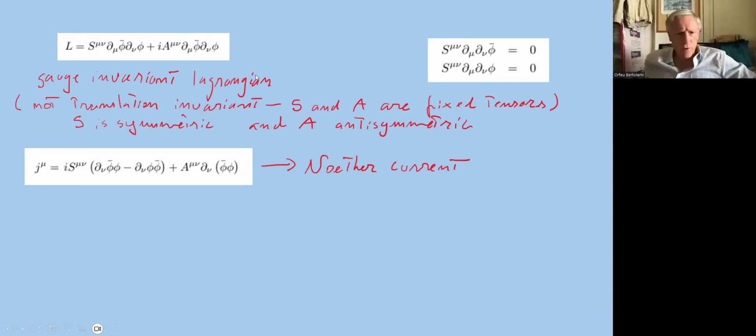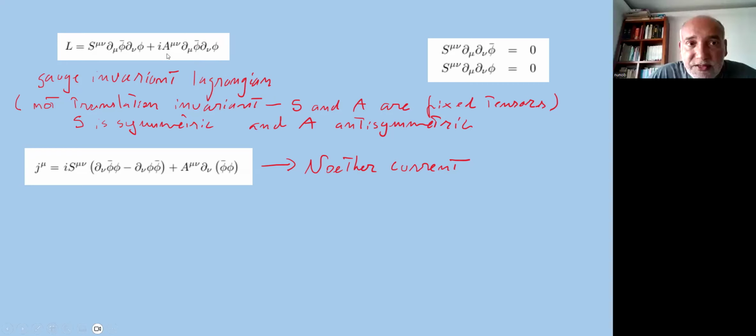Well, that's fine. I mean, it's not obvious that this term is antisymmetric. That's what I mean. But this thing is antisymmetric by definition. You construct something and put it here. It's not a consequence, it's the definition. I define S as symmetric and A as antisymmetric.